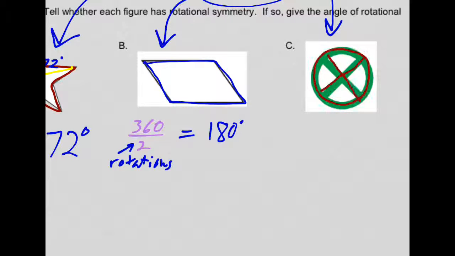We've got 1 rotation, 2 rotations, 3 rotations, and then back to its original with 4 rotations. 360 divided by 4 rotations equals 90 degrees. And that's it.